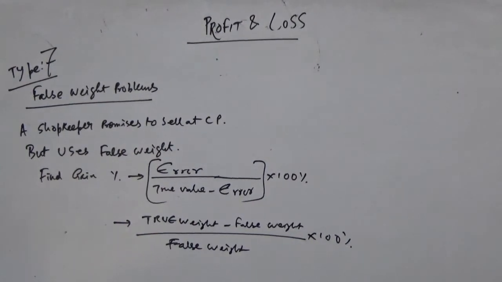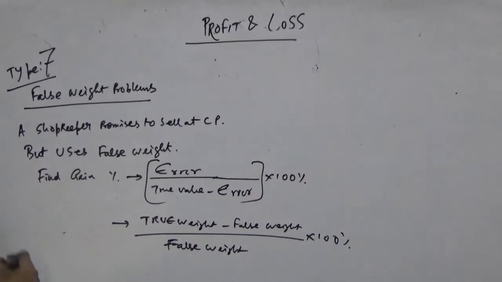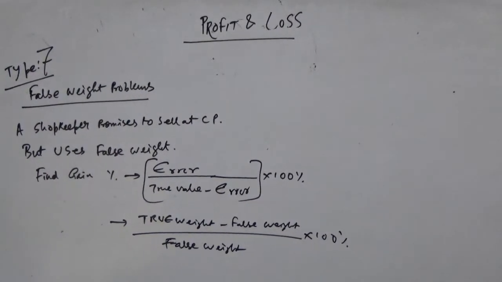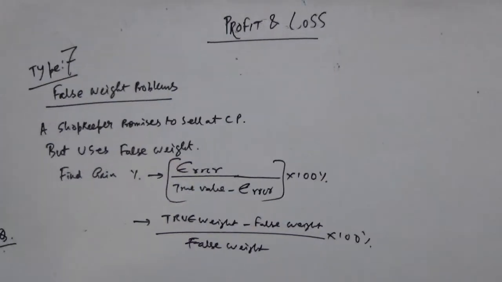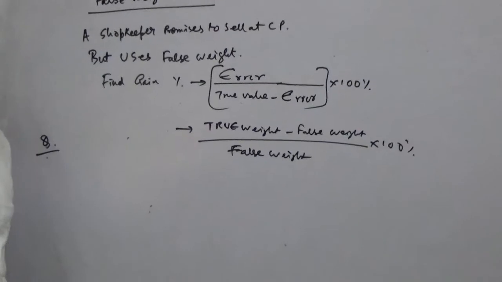For example, using the shortcut method, we can solve it. The question on the basis of this is: a dishonest dealer promises to sell the goods at cost price, but he uses an 800 gram weight in place of 1 kg weight.